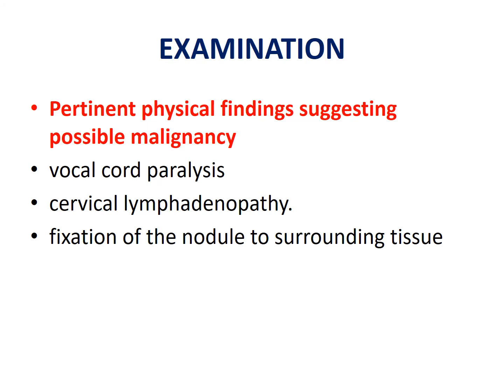We need to see if there are any features evident of hyperfunctioning of the thyroid gland, like tremors, tachycardia, or eye signs. We need to look for features suggestive of hypothyroidism, like puffiness of the face, dryness, scanty hair, etc.